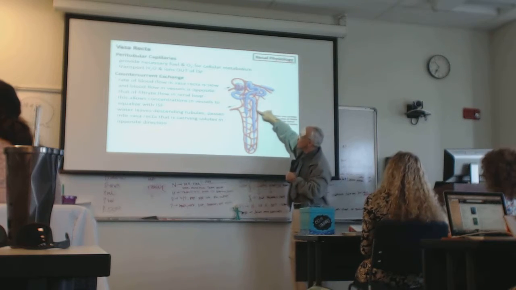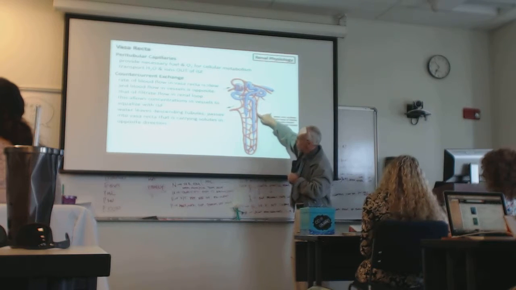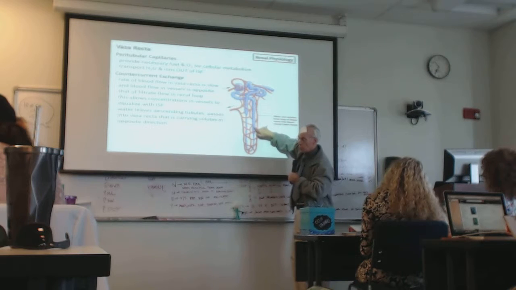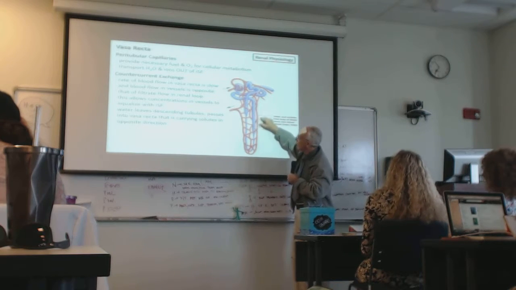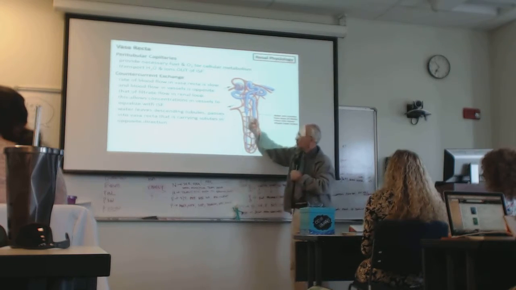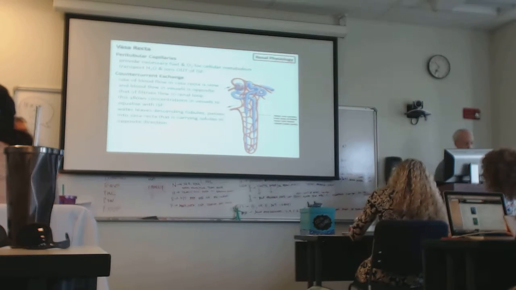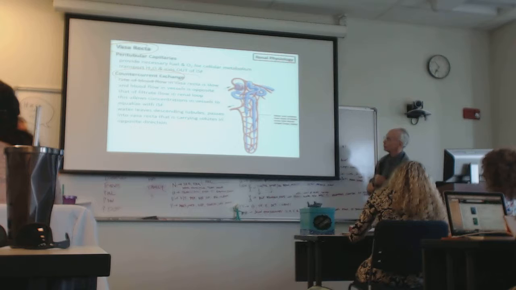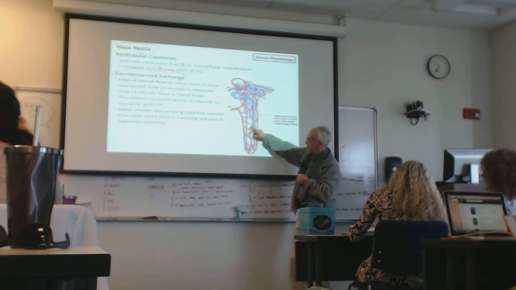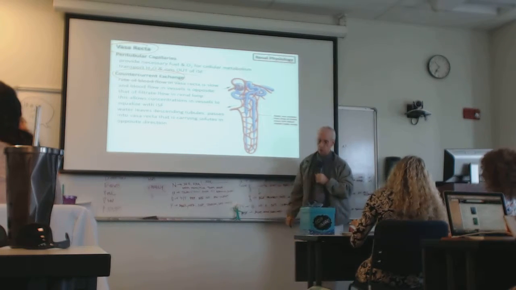The particles that leave on the ascending limb are taken into the blood and travel downwards to enhance the medullary concentration gradient. So the vasa recta is responsible for the countercurrent exchange, which is the relationship between the nephron and the peritubular capillary system.